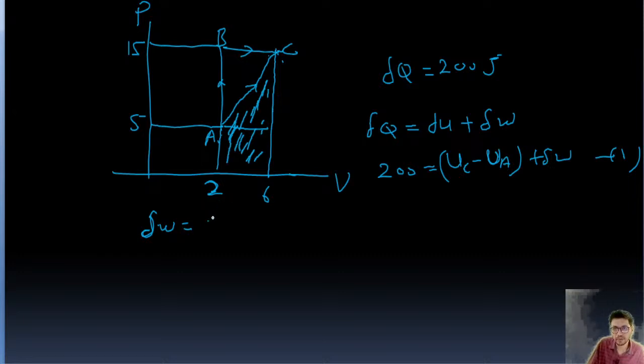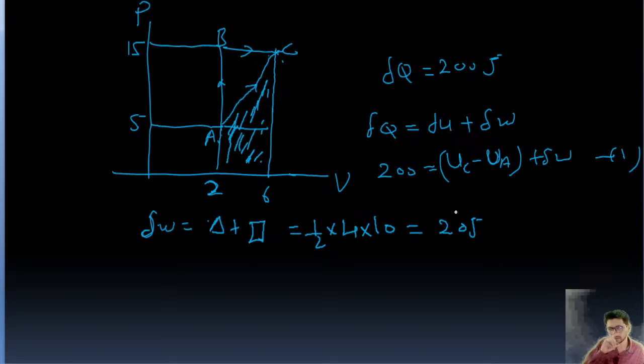So this is the area of a triangle plus the area of this rectangle. For the triangle, this height is 10, so 1 by 2 into base into height. The base is 6 minus 2, this width is 4, so 4 into height 10, the 2 will get cancelled. This is 20 joule, right?